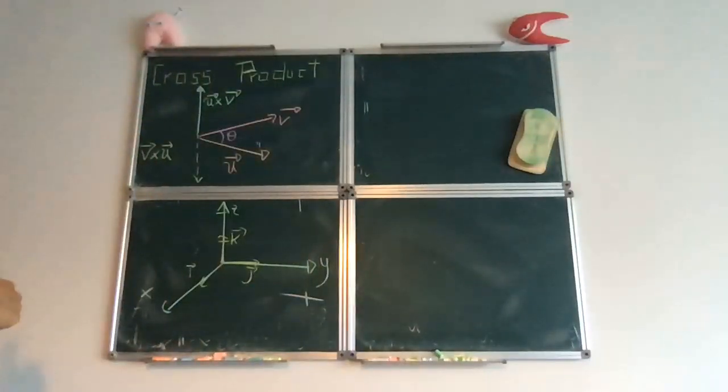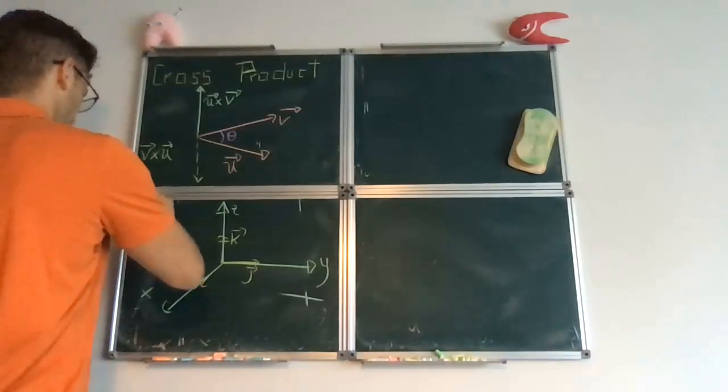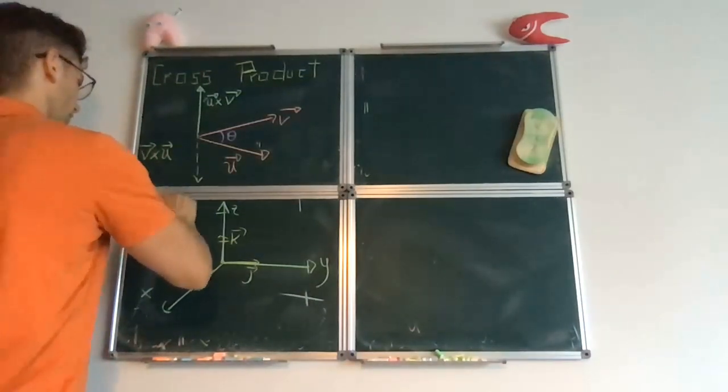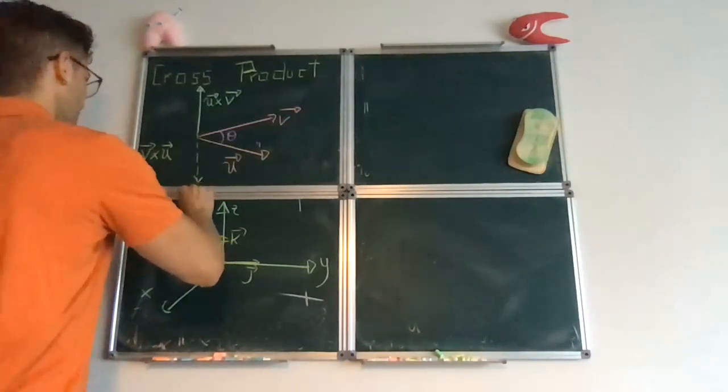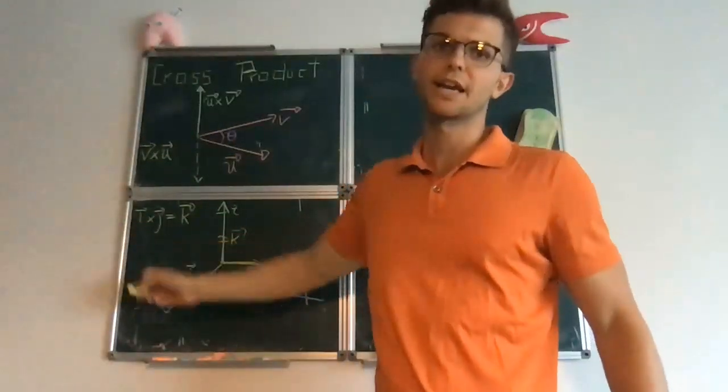So the choice of the labels for the x, y, and z axis is so that you get that i cross j equals k.